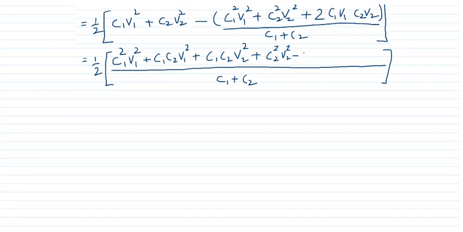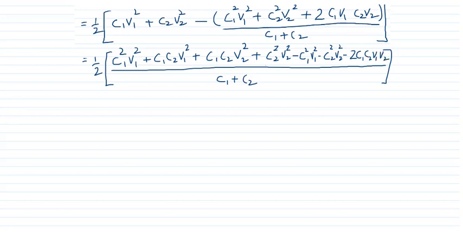Did you understand how I have written it? Minus, open this bracket, it will become C1 square V1 square plus C2 square V2 square plus 2 C1 C2 V1 V2.